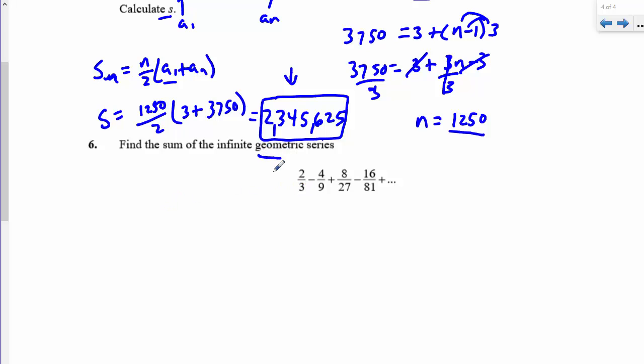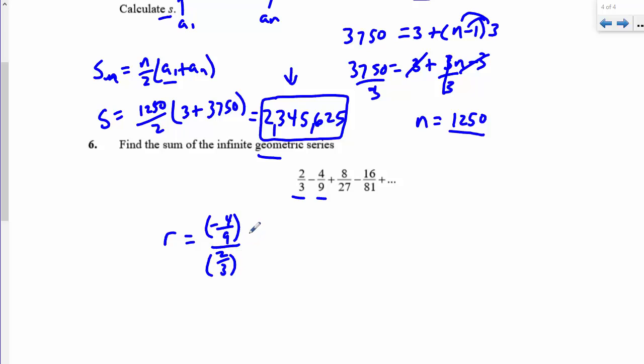If this is in fact a geometric series, there's a common ratio. If I multiply the first term by r, it'll give me this term, and then I multiply by the same r, and this one follows. So to figure out what r is, we're going to say r is equal to this term divided by the previous term. So it's negative 4 over 9 divided by the term in front of it, which was 2/3.